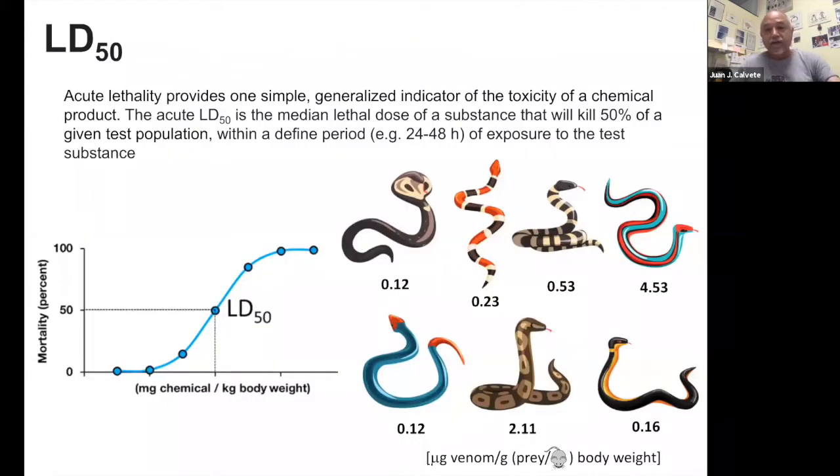So one of the concepts that I think should be revisited is the LD50. This is a concept that was developed in the 30s, and it simply provides a generalized indicator of the toxicity of the substance that is being tested, and for this you need a certain period of time of exposure to determine the different doses to determine this figure.